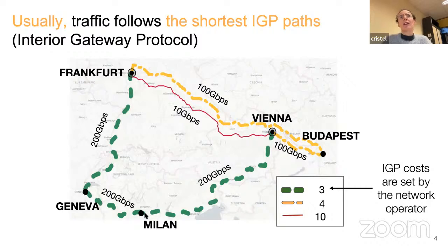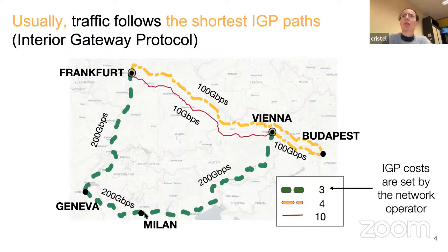So what you have usually is that you have operators that will use a routing protocol and configure it with weights on the links to reflect some properties of their network. So for example, here you have the IGP cost which reflects the bandwidth along the links that you have in the network.